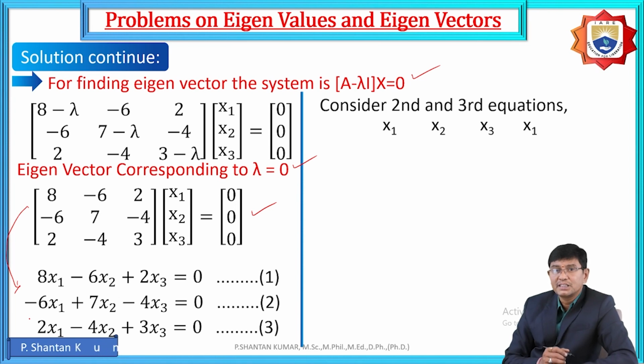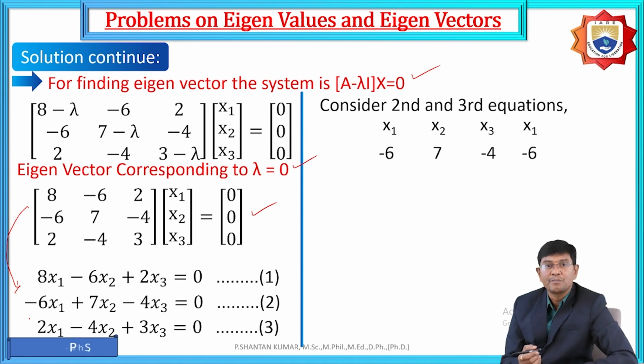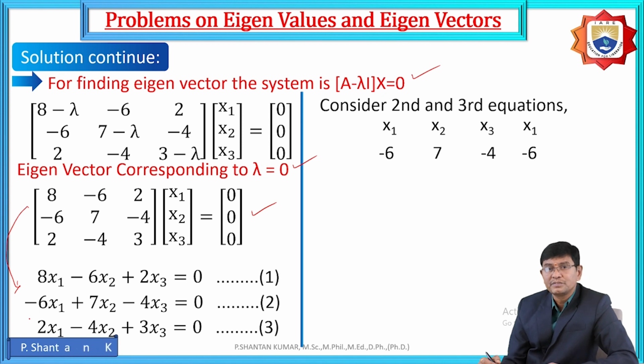In the second equation the x1 coefficient is minus 6, x2 is 7 and x3 is minus 4, and we need to consider one more, x1, that is minus 6. And for the third equation, the x1 coefficient is 2, the x2 coefficient is minus 4 and the x3 coefficient is 3, and further x1, that is also 2.